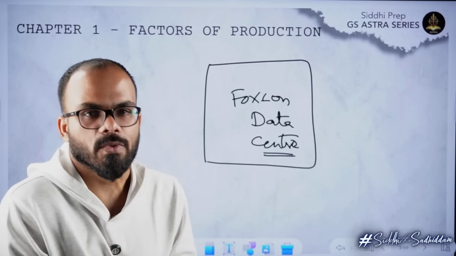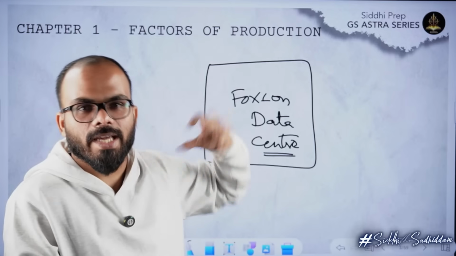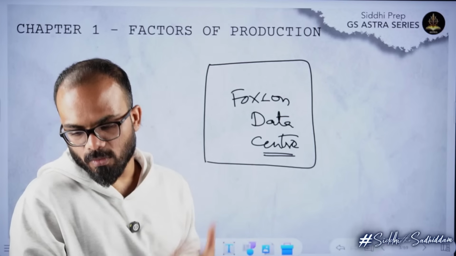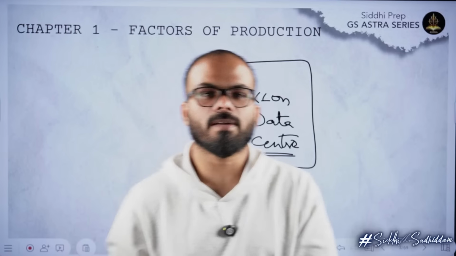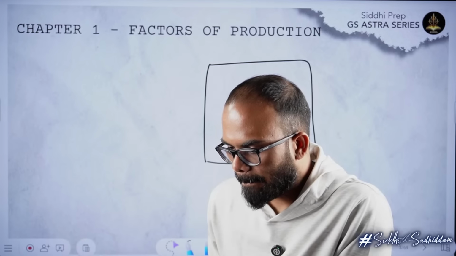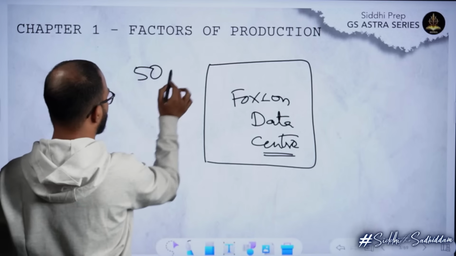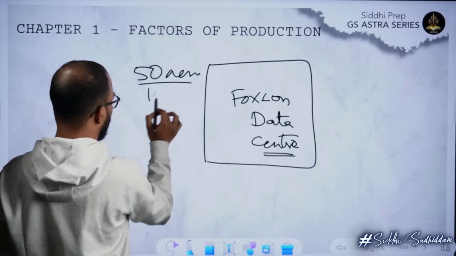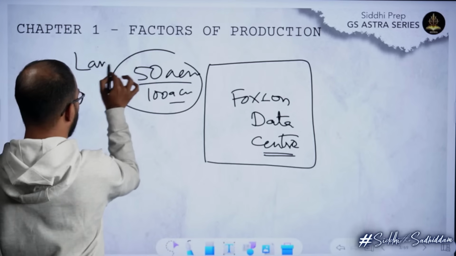In your point of view, to establish this data center, what do I need? What are my requirements? Land, obviously. I need maybe 50 acres or 100 acres of land. So my first factor is land.